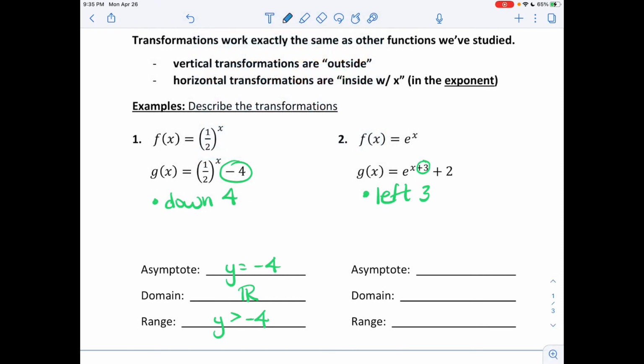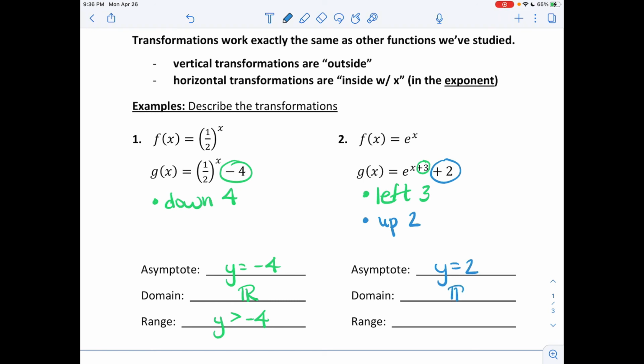And then the other thing I see is a +2 tacked on here at the end, and that is going to move me up by 2. Now that up by 2 is going to affect my asymptote, because remember, my asymptote was at y equals 0 for my original function. But if I shift the entire graph up by 2, my asymptote is now at y equals 2.